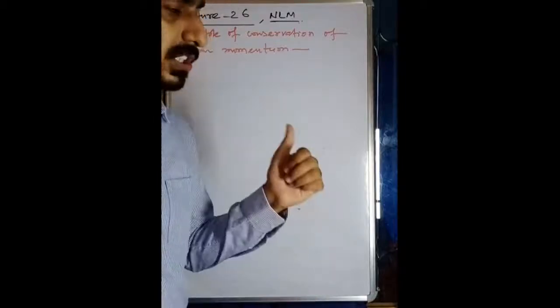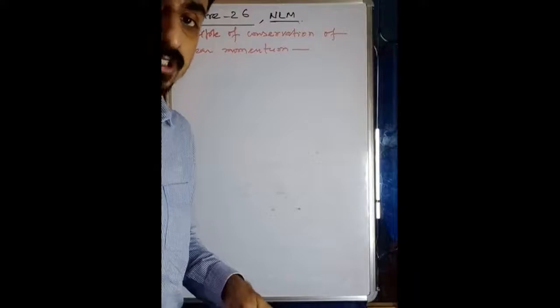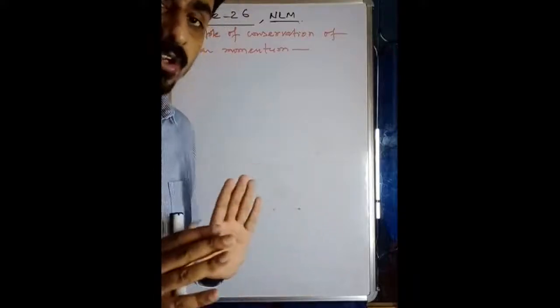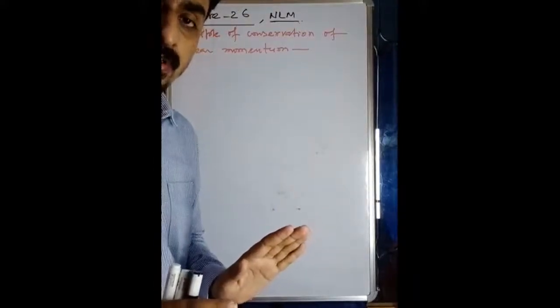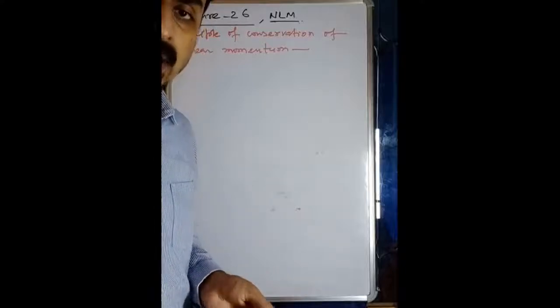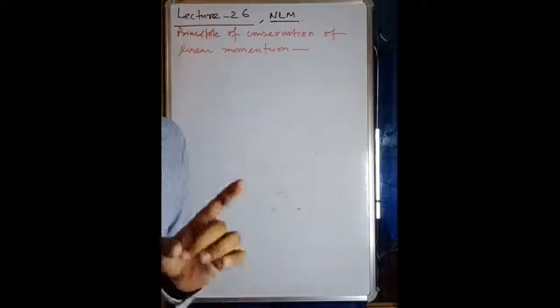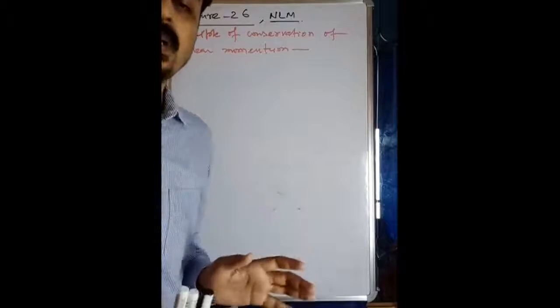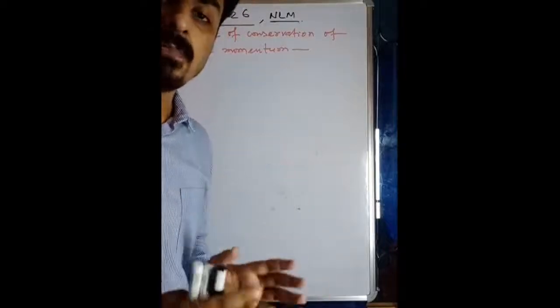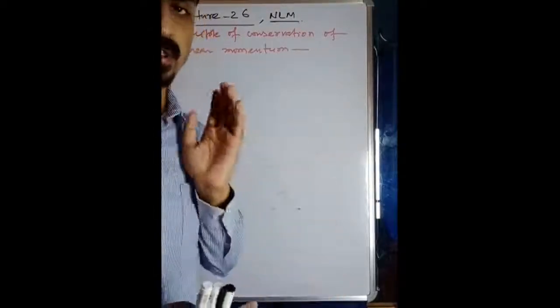But according to this principle, if there are no external forces acting from outside on the system, and all the forces are acting by the individual bodies, then in that case the total momentum of the system will be conserved, that is, remain constant.